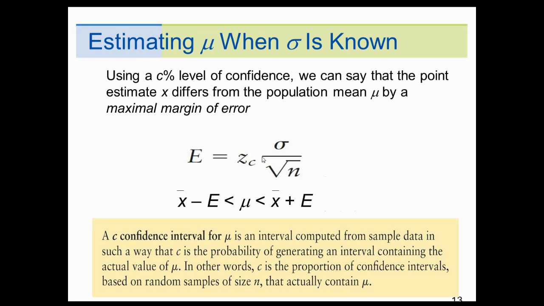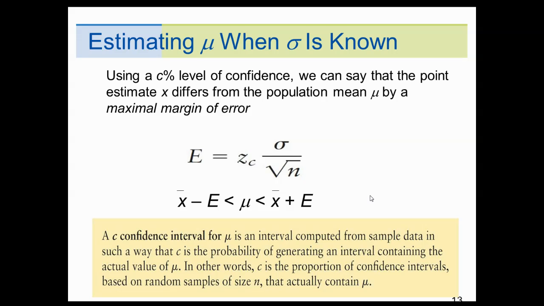That's what this z sub c is called, the critical value, the z-score. Now, to calculate the error, we're given the mean of the sample. On the low end, we subtract the error, and on the high end, we take the mean of the sample and we add the error. And this gives us what's called a confidence interval. Both of these things, you're going to see in a moment or two, your calculator is going to be very nice to you.